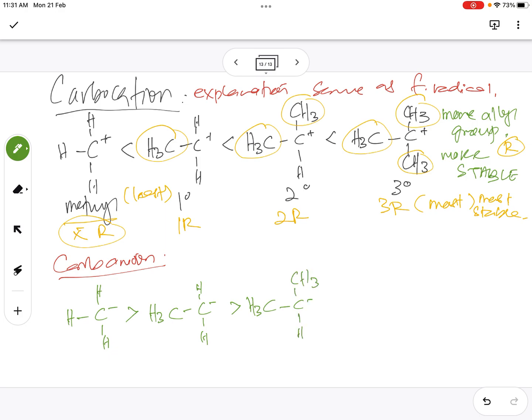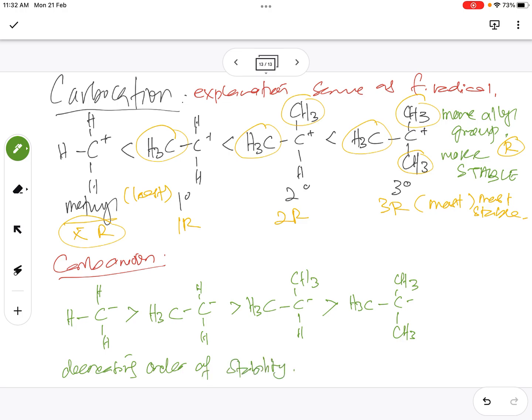Kemudian H3C, CH, CH3 negative, then C(CH3)3 negative. So this is tadi increasing, ini decreasing order of stability lah.